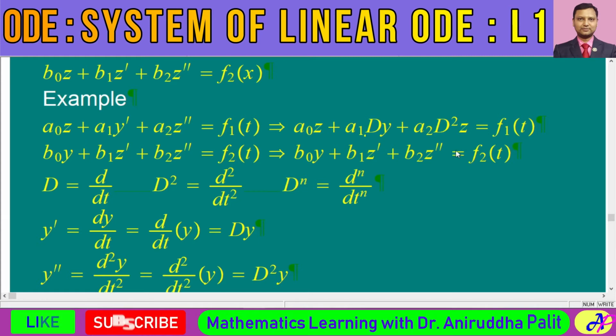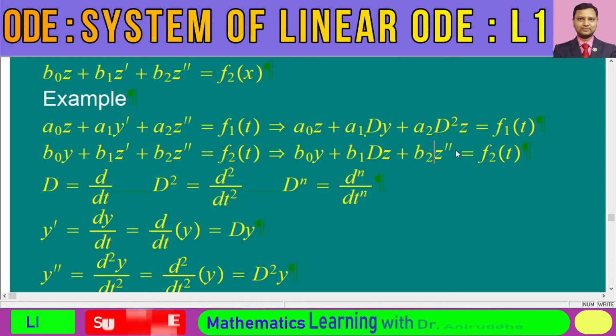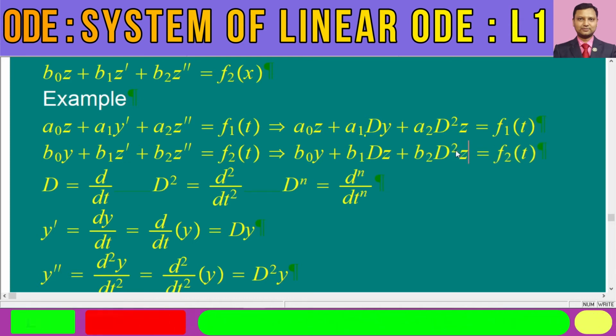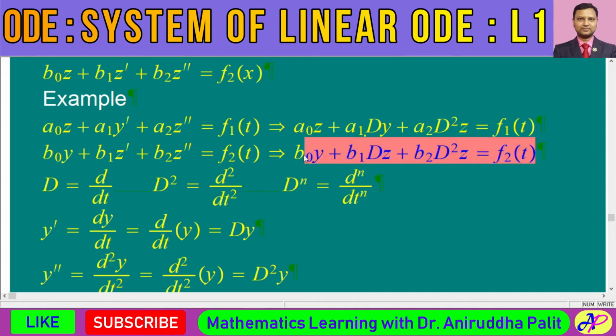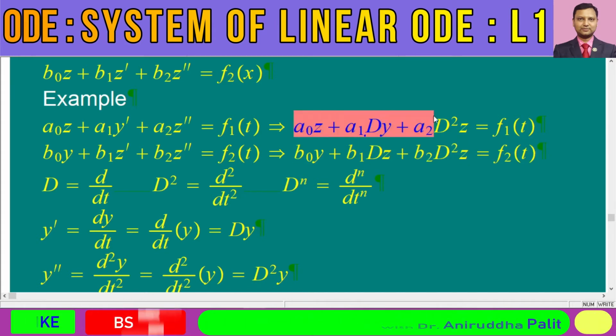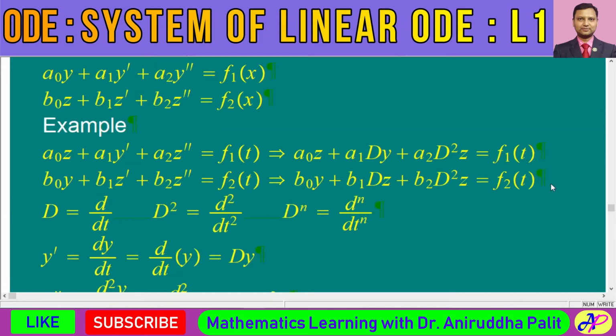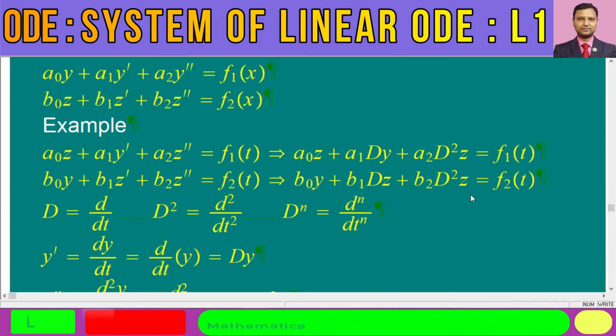Say this is Dz, this is D squared z. So this kind of notation will be used in our subsequent study. All right. Now, how to solve this kind of differential equation?